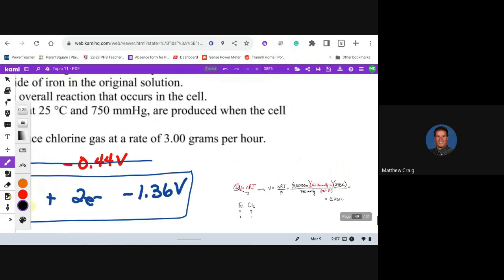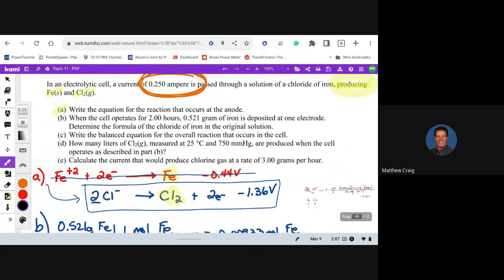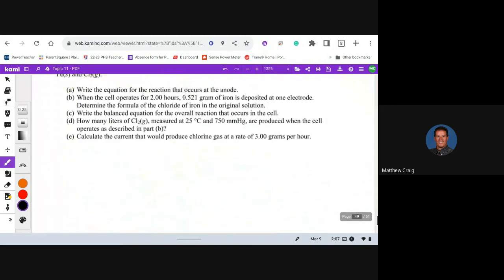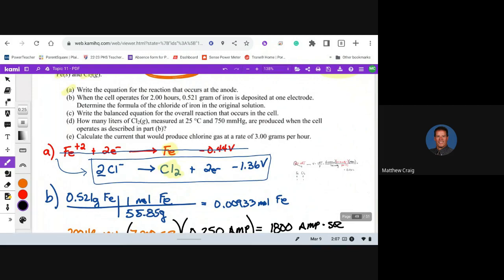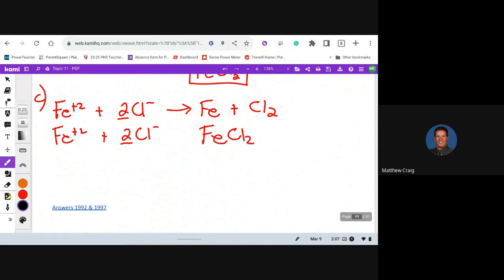Part E. Calculate the current that would produce chlorine gas at a rate of 3 grams per hour. Don't forget, what else do we have? Amps. So 3 grams per hour. Got it. So we're going to start off with what?